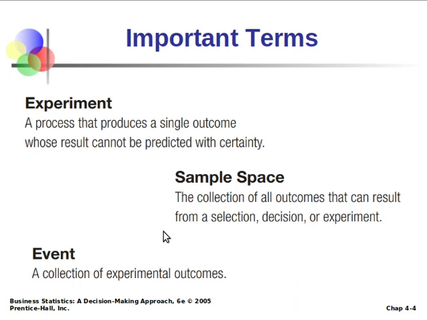But here, an event is a collection of experimental outcomes. So, experimental outcomes, a collection of experimental outcomes. That's what we mean here by event. Of course, we will expand this definition a bit later.